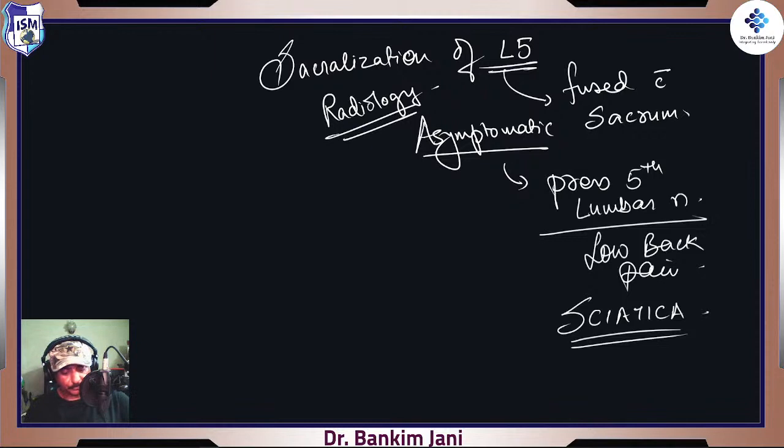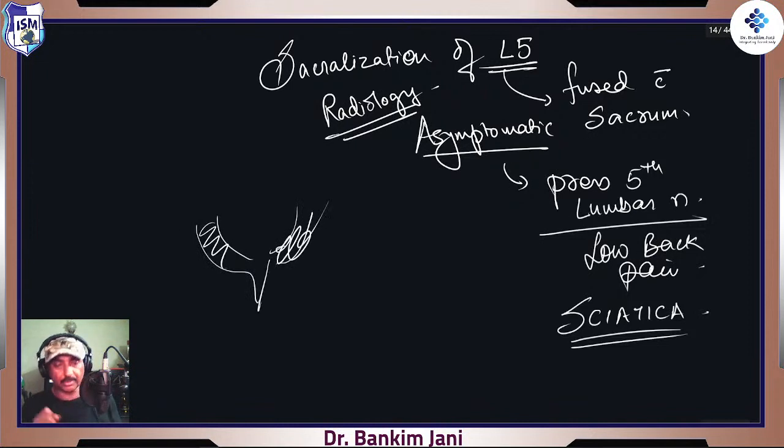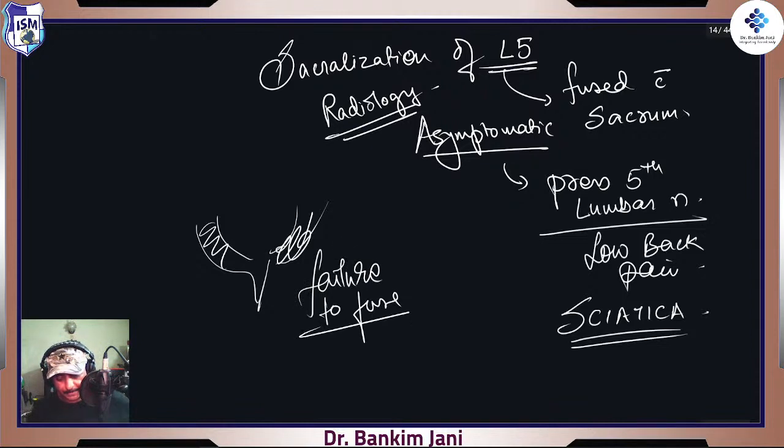Okay. Now, say we learnt ossification, so that neural arch is forming that entire portion. Here was the spine. But what if this neural arch is not developing properly? They fail to fuse. Failure to fuse the neural arch is called spina bifida, right?